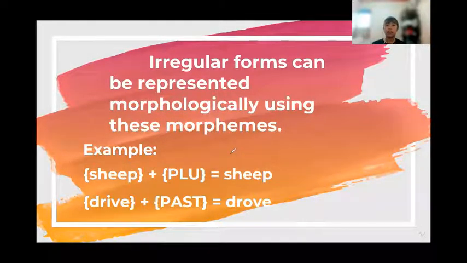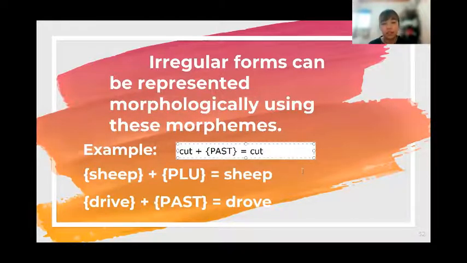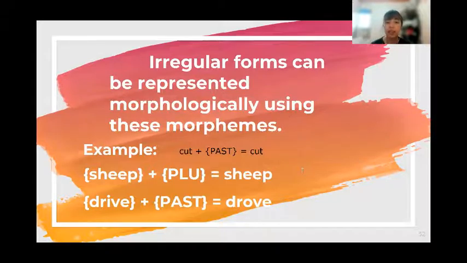For example, we have the verb cut plus your past tense. It's not cutted, it's still cut. Even the past participle of cut is still cut, not cutted. So you have to be careful, especially with irregular forms.